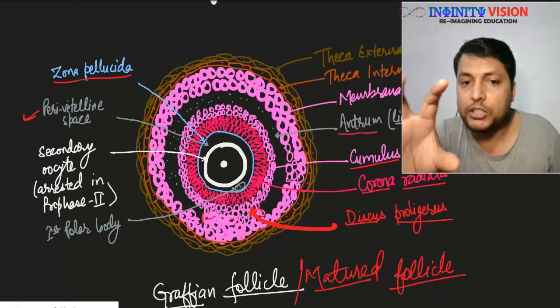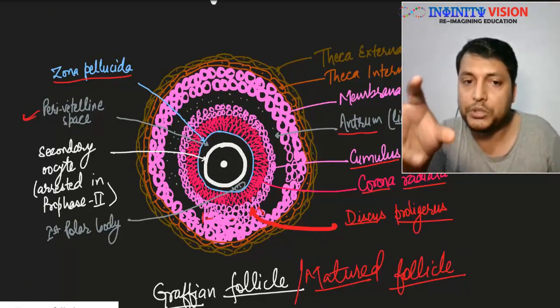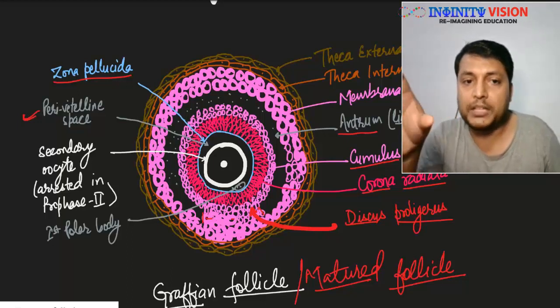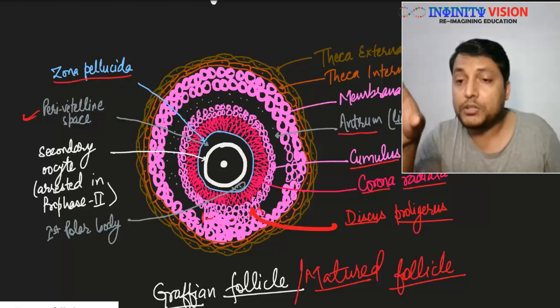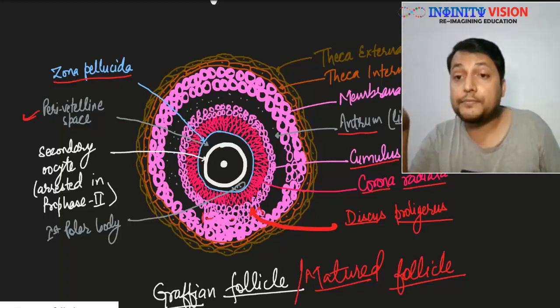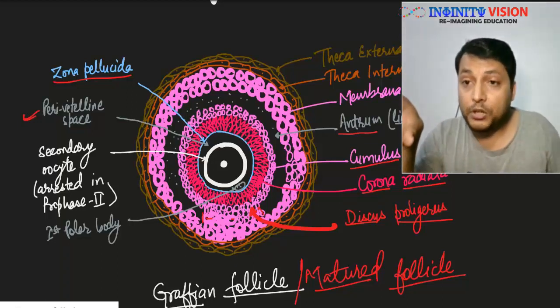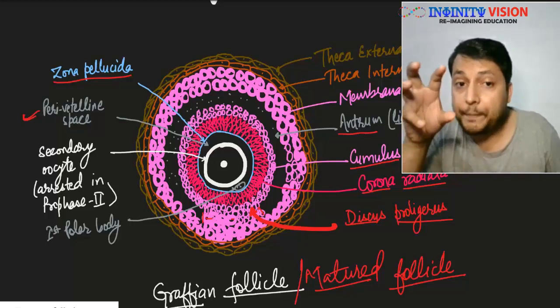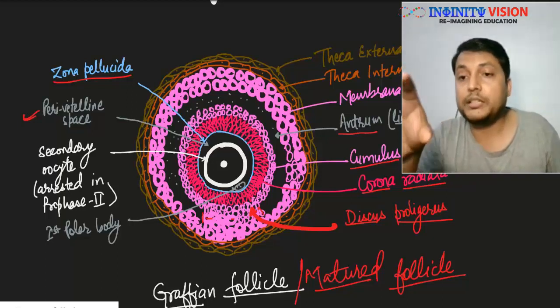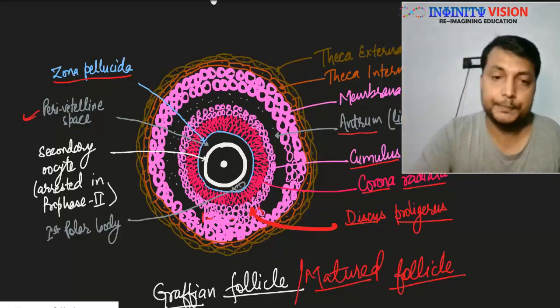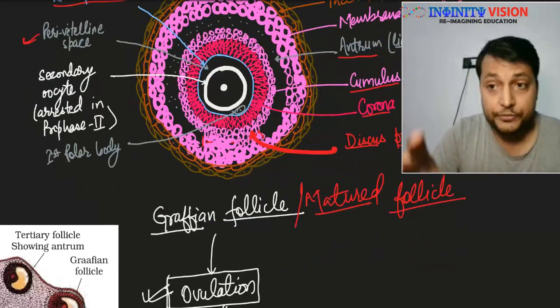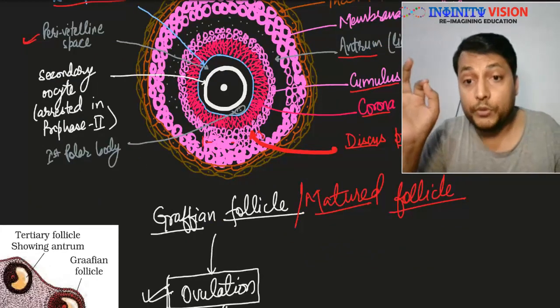As a result, the internal structure having the secondary oocyte, first polar body, zona pellucida, corona radiata, and some cells of cumulus oophorus will be released from the Graafian follicle, and this released part which contains the secondary oocyte is called the ovum. And the process of this release is called ovulation.